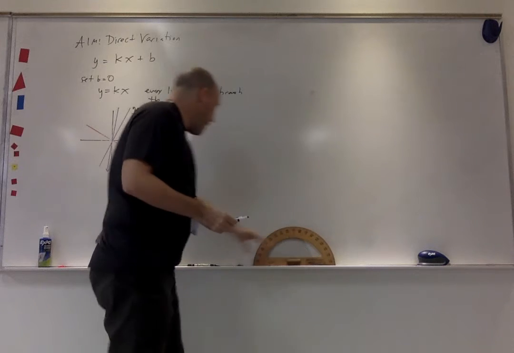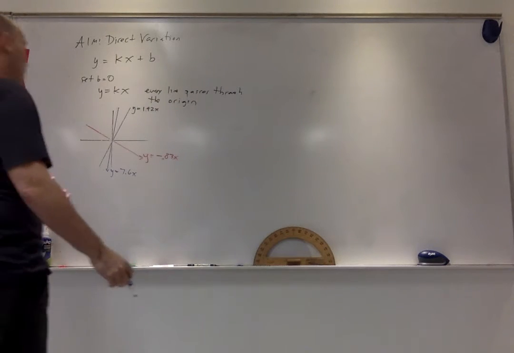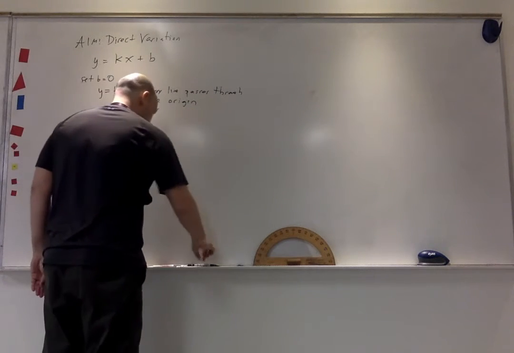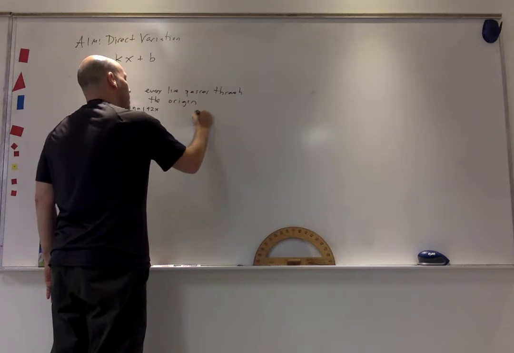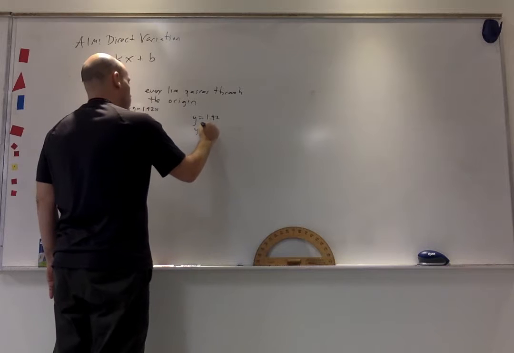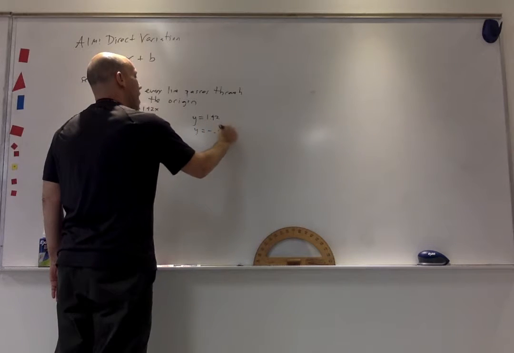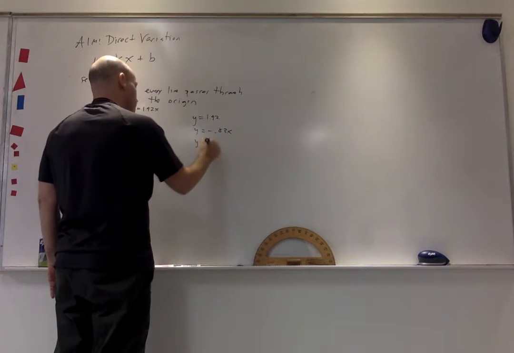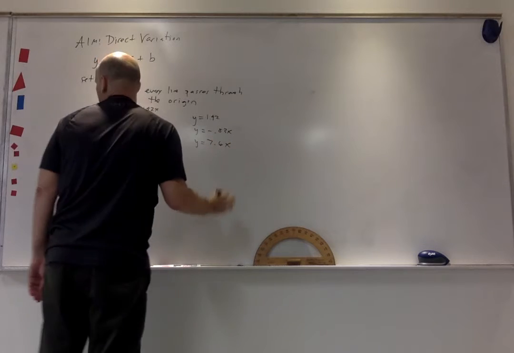So in every case, we have these three equations: y equals 1.2x, y equals negative 0.83x, and y equals 7.6x.